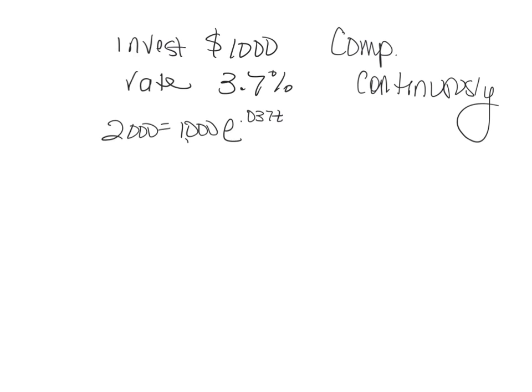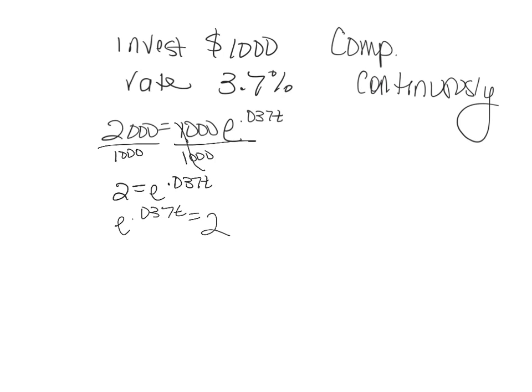So from here, I'm going to divide both sides by 1,000. 2 equals e to the 0.037t. I'm going to move my 2 to the right side. And now I'm going to do the natural log.